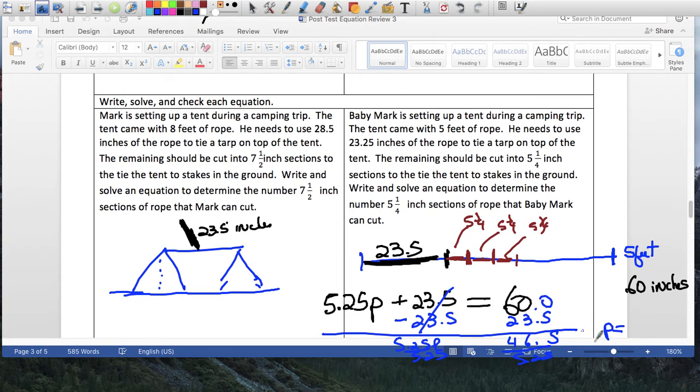And it says here that I can make 8 point something, a decimal that goes on, and I'm just going to round it. So the maximum number of these little strings that measure 5 1/4 that I can take is going to be 8, because I don't have enough to make the ninth one.